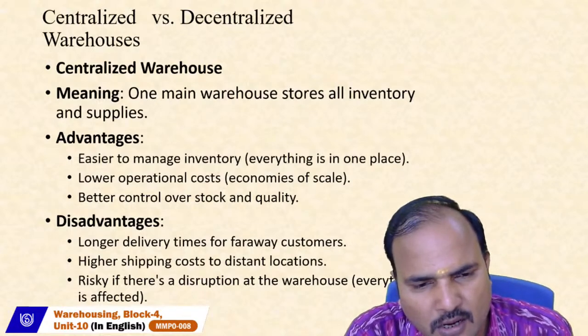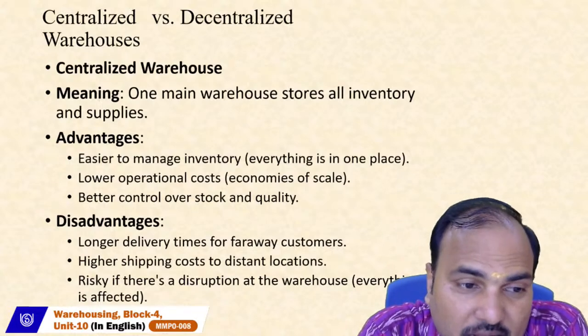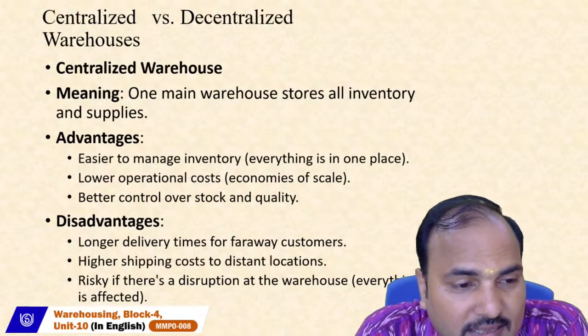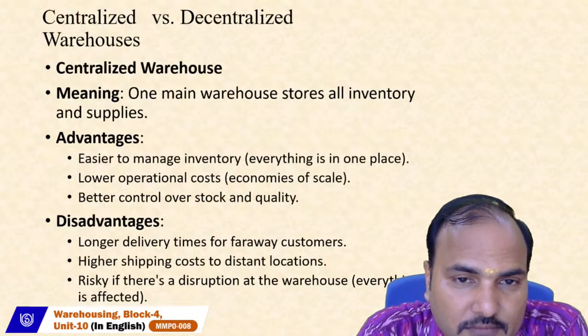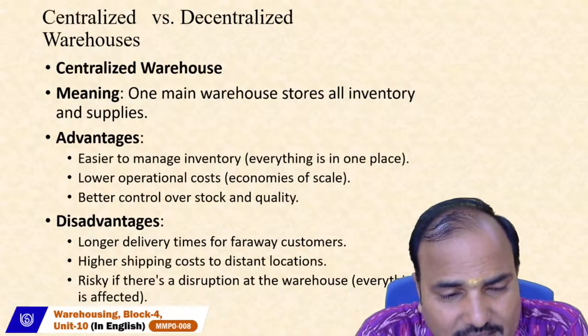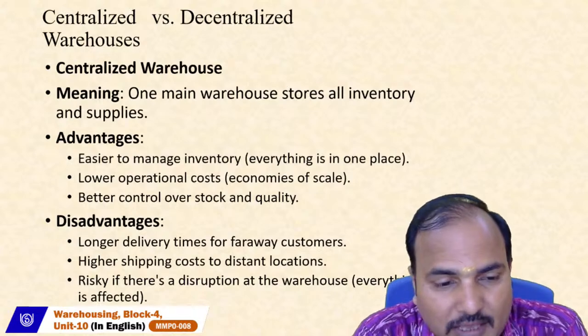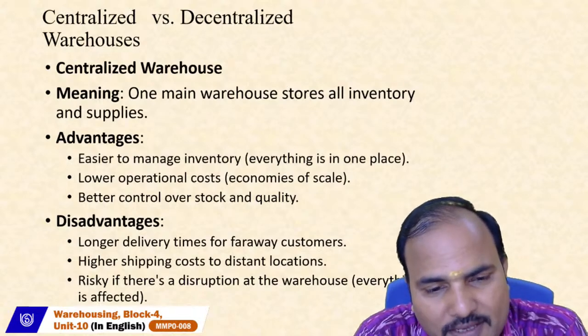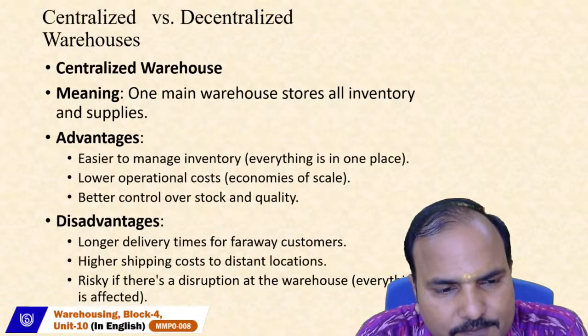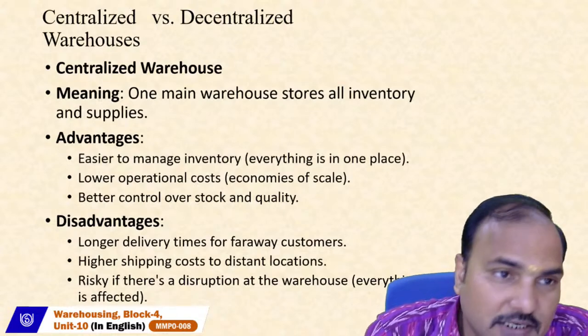Another disadvantage is higher shipping cost to distant locations. It is also risky if there is a disruption at the warehouse, because everything is in one place. If a disruption occurs there, all will be affected, so it is more risky. This is about the centralized warehouse.